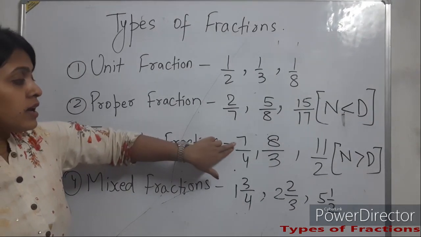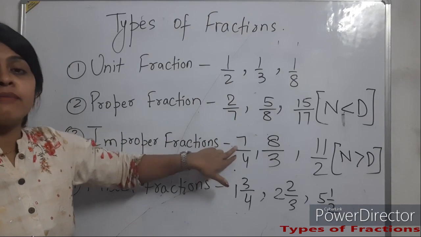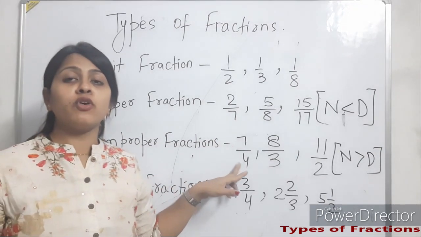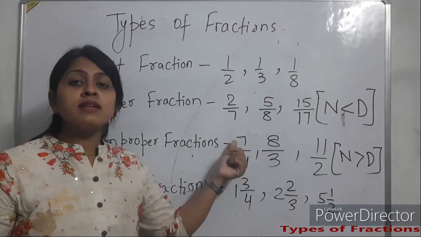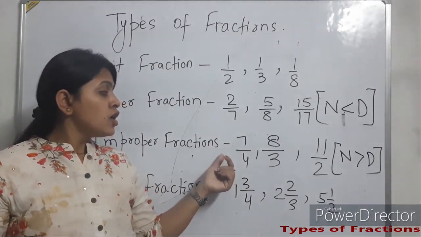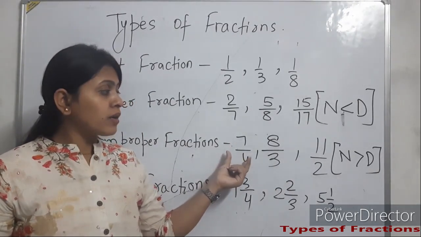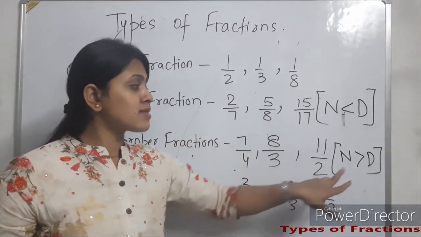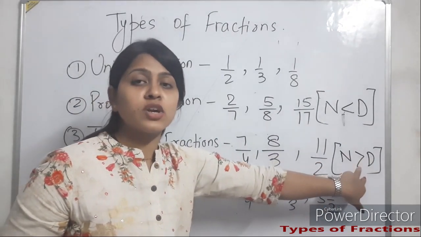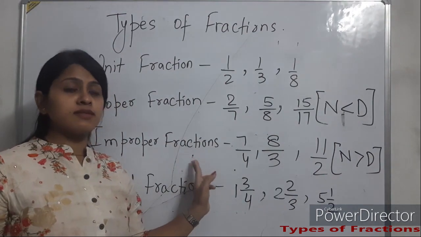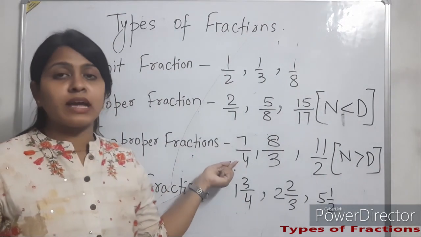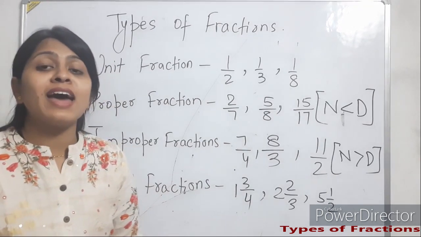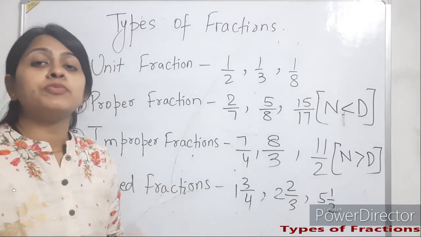See, here in example 1, 7 by 4. In 7 by 4, 7 is larger than the digit 4. So this is improper, because as I said, if the numerator is larger than the denominator, the fraction is improper. So what do we have to do to make it proper?